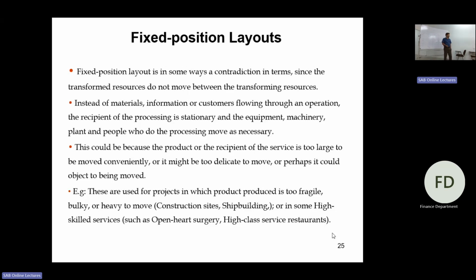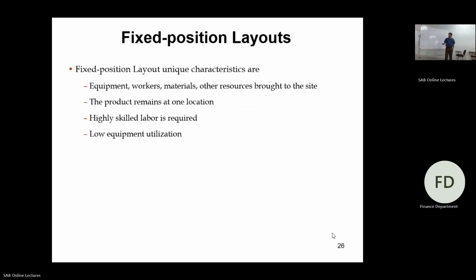Where can we see these type of layout? These are used for projects in which the product produced is too fragile or bulky or heavy to move, or in some high skill services. Other characteristics are mentioned here.